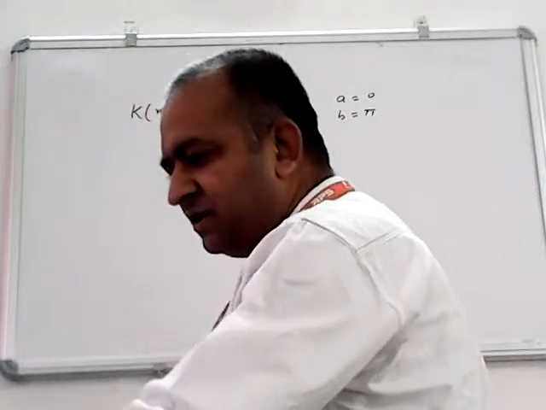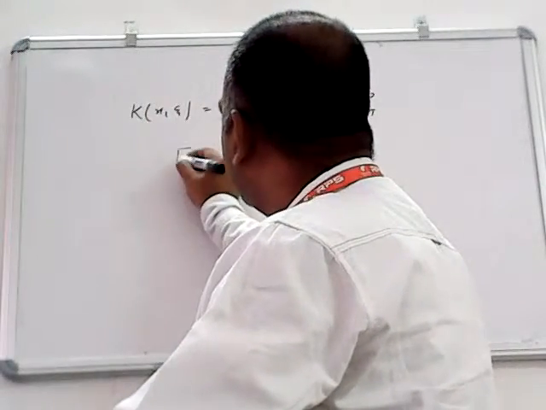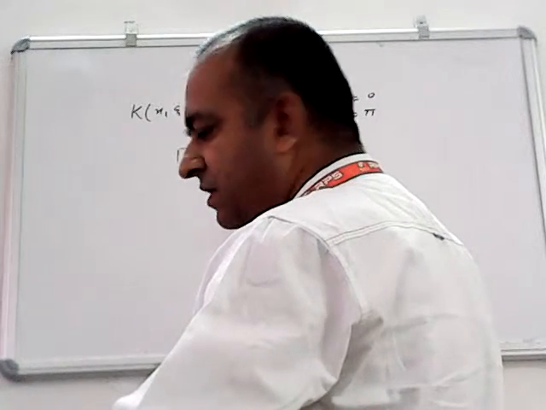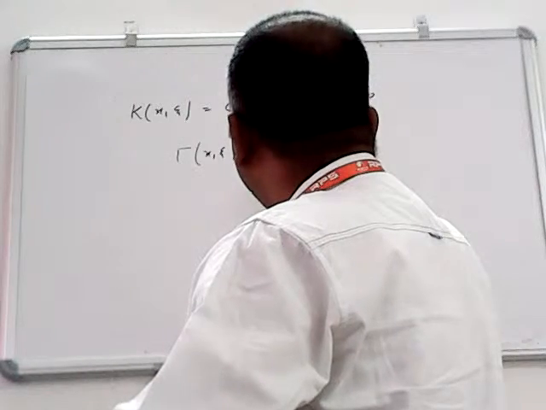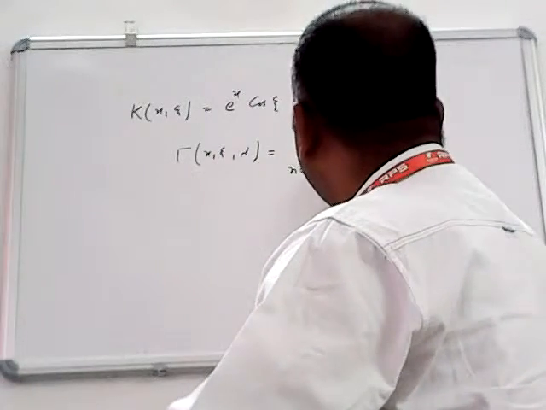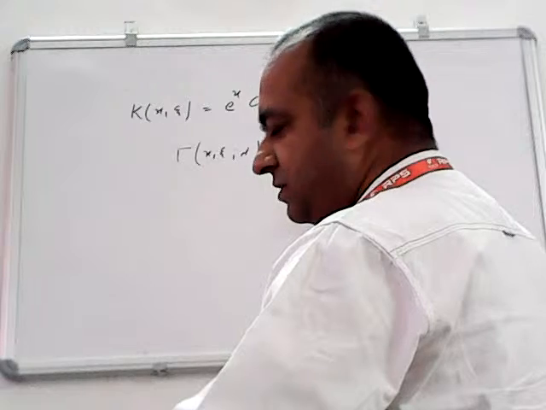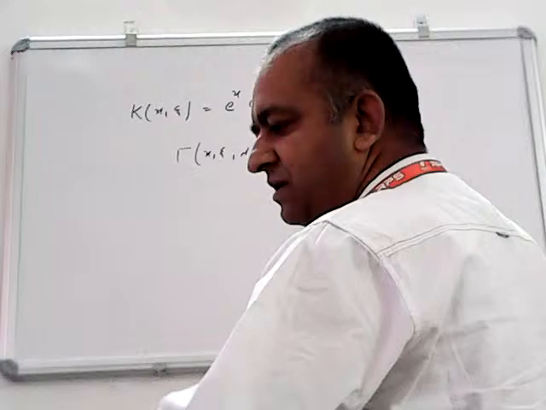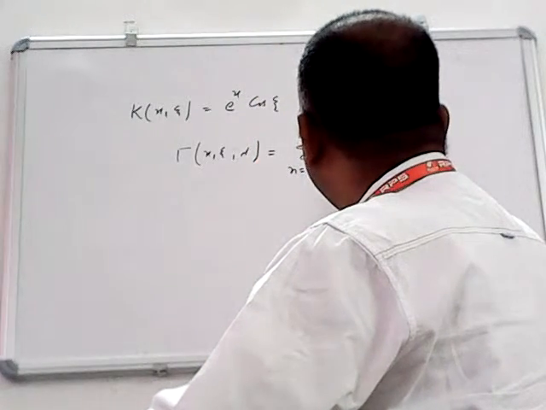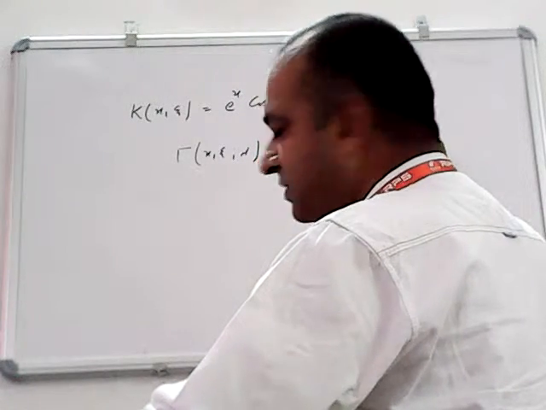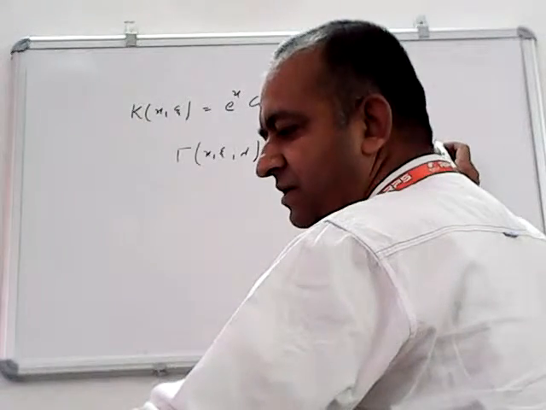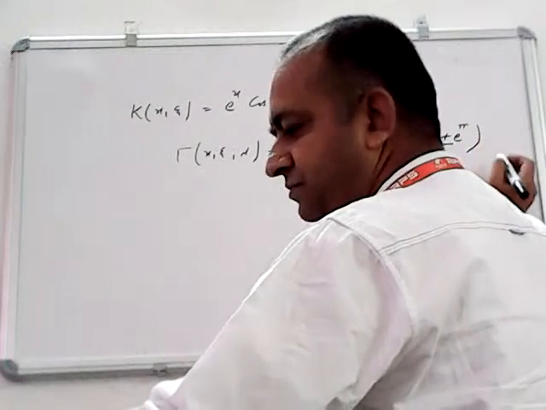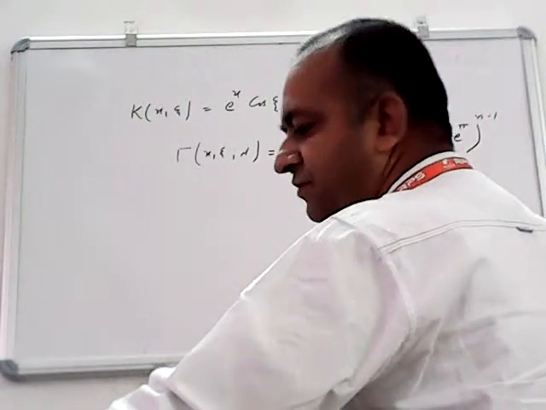So our resolvent kernel Γ(x, ξ; λ) is equal to the summation n = 1 to infinity of e^(x cos ξ) (−1)^n λ^(n−1) ((1 + e^π)/2)^(n−1).